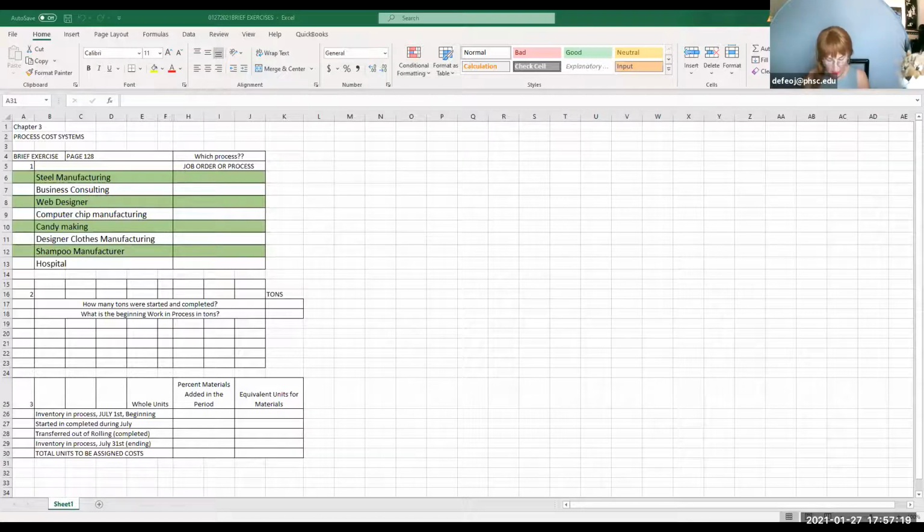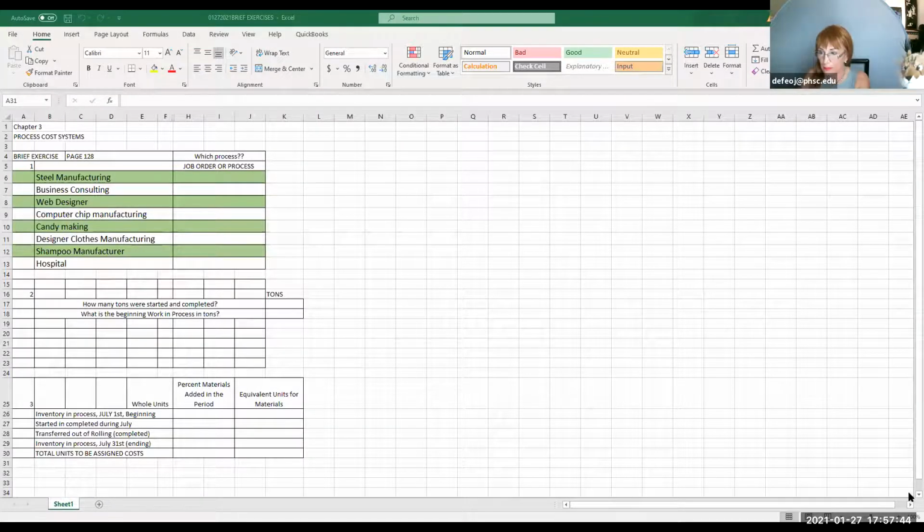I hope you have your book open. The rolling department of Oak Ridge Steel Company had 300 tons in the beginning work in process inventory.